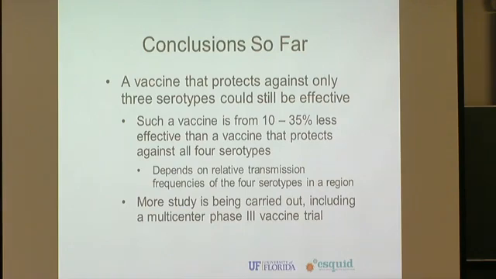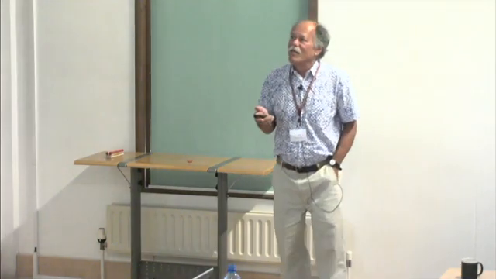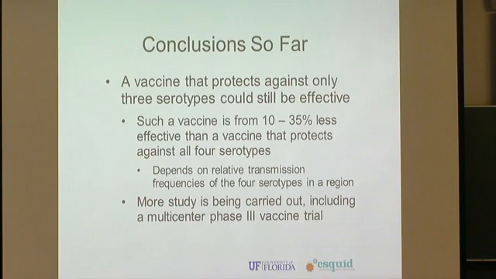And so that brings us to the vaccine. And a vaccine that protects against only 3 serotypes could still be effective. Obviously, you'd have to pay attention to where the vaccine was used, but you'd get some reduction.